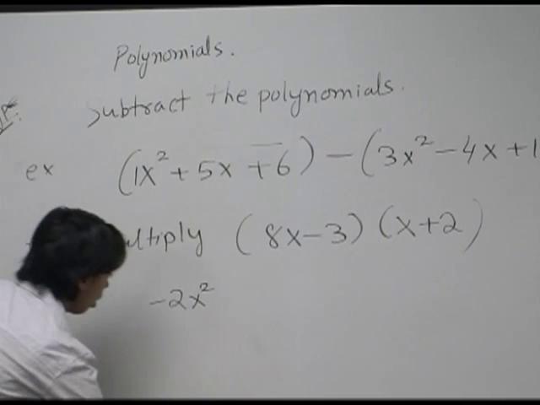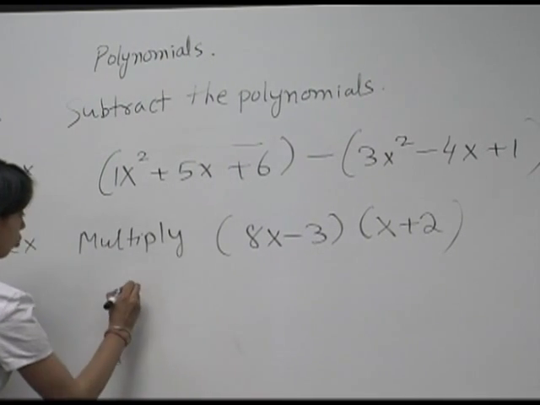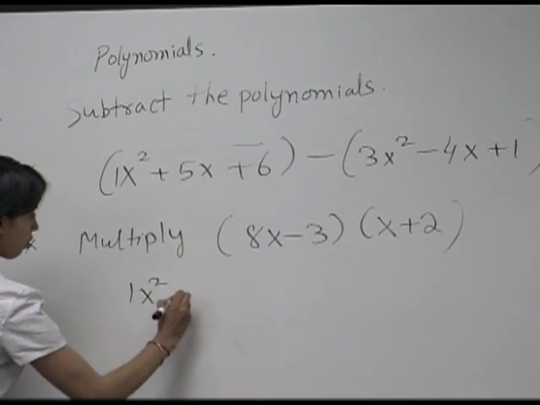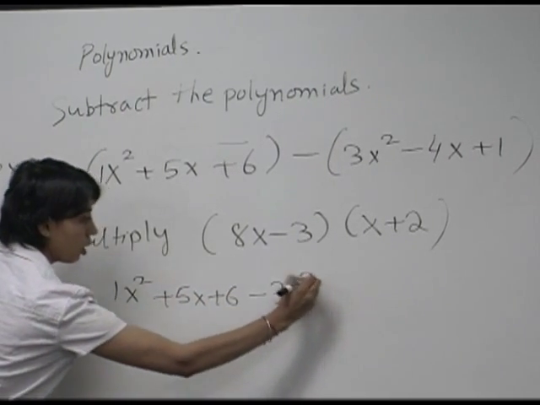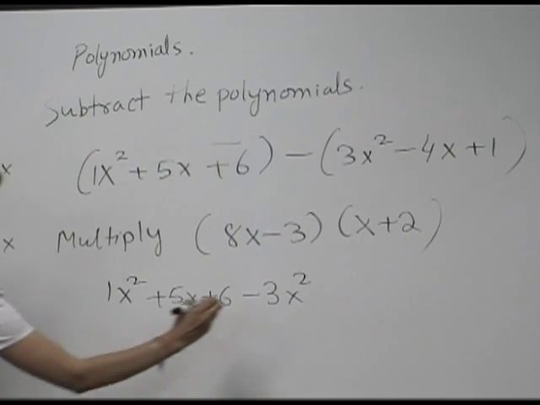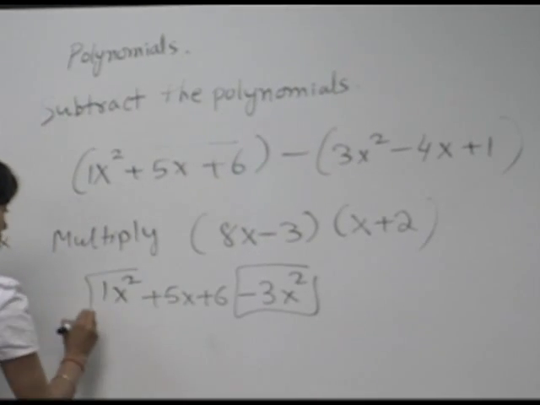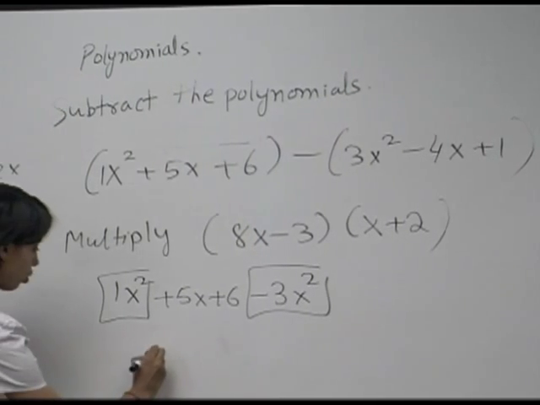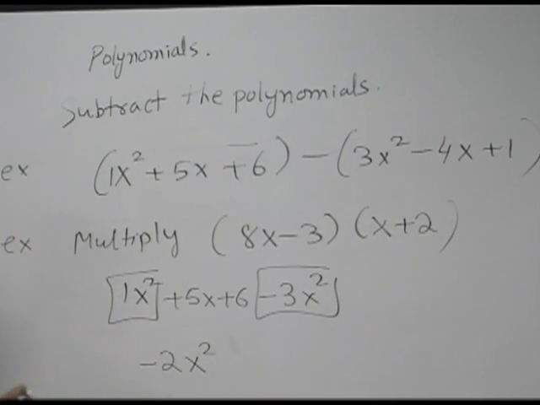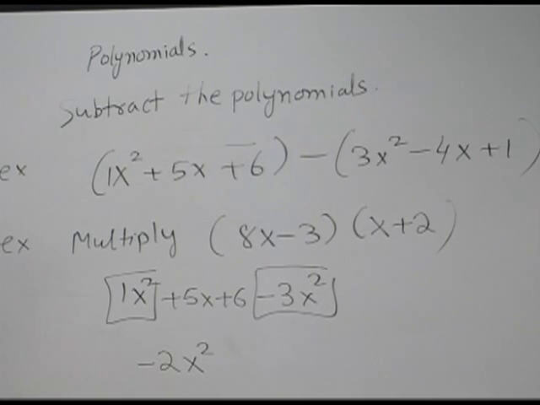1x squared. So what she did is 1x squared plus 5x plus 6 minus 3x squared. Right? So this and this: 1 minus 3, negative 2x squared. That's why she got negative 2x squared. What about next?